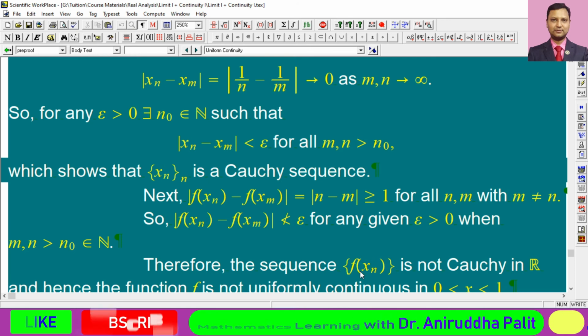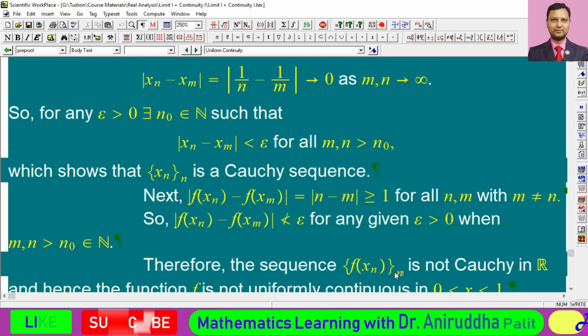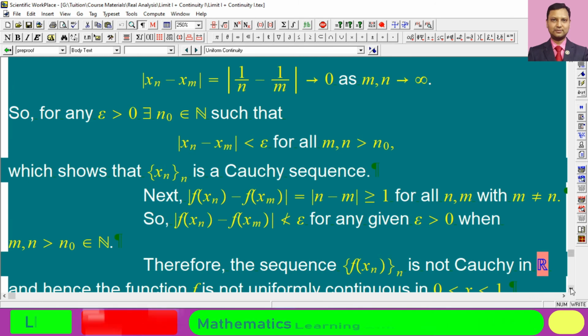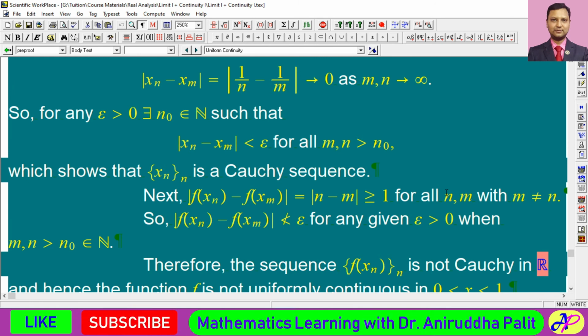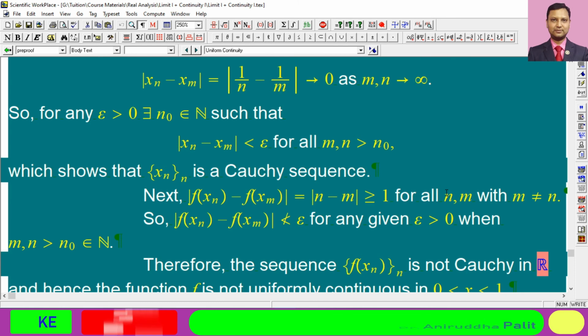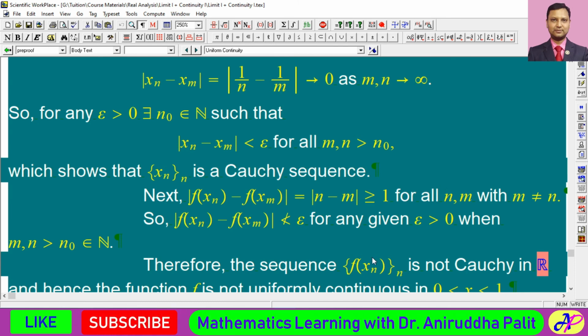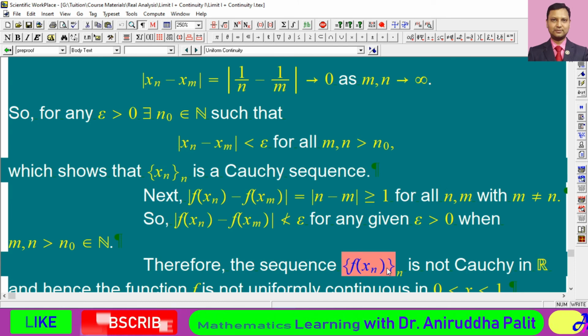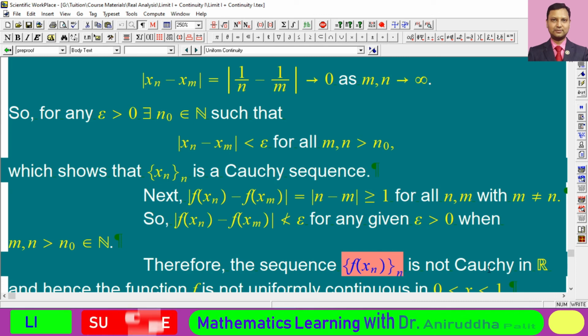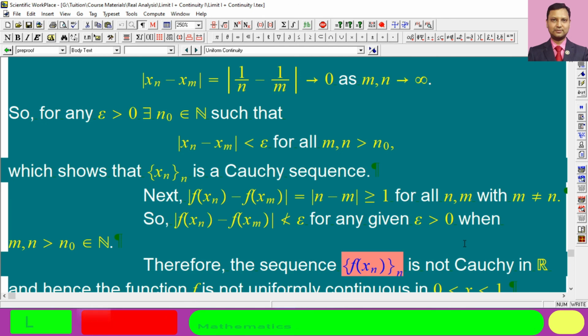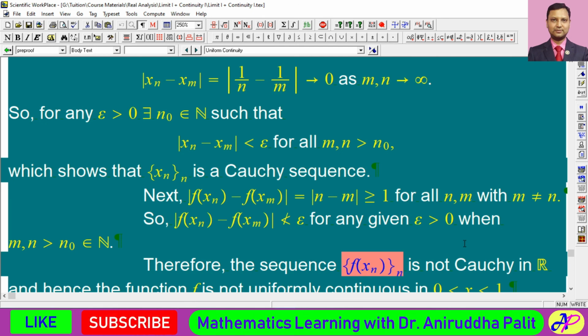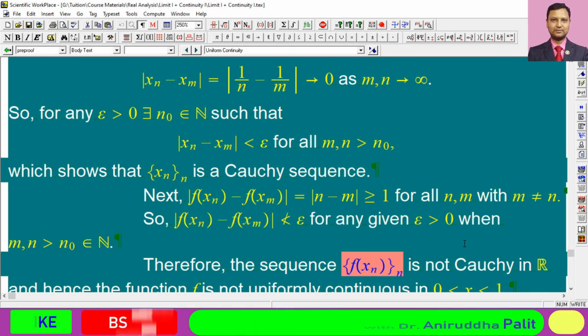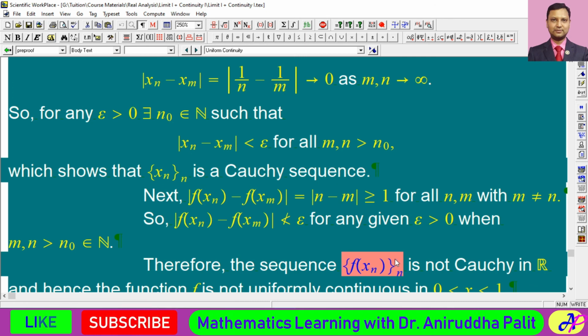So what we observe is that these functional values do not form a Cauchy sequence in the set of real numbers R. However, in the first part, we proved that if the function is uniformly continuous, then this second sequence must be a Cauchy sequence. So we can say that the function f is not uniformly continuous, because if by chance it were uniformly continuous, then this second sequence must be a Cauchy sequence.